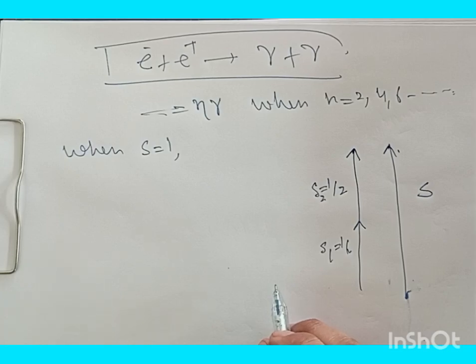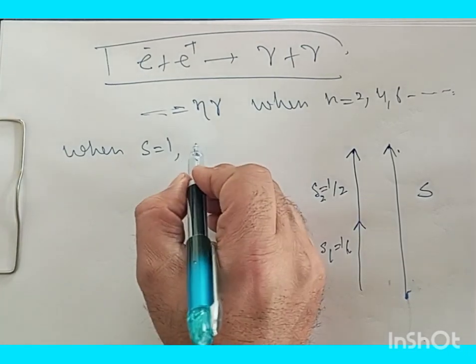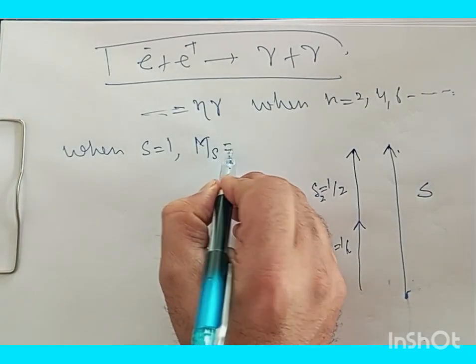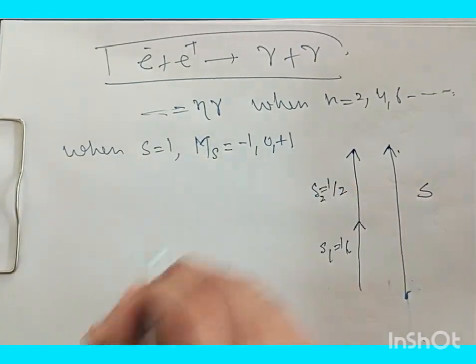If S is equal to 1, what will be ms? This ms is going to be -1, 0, and +1.